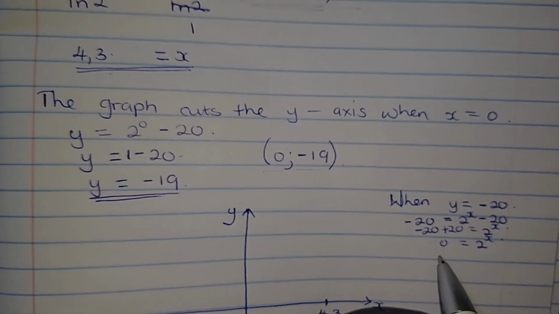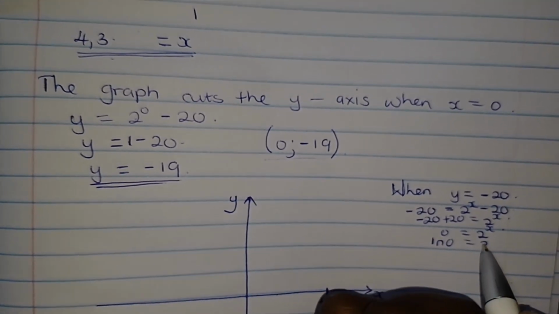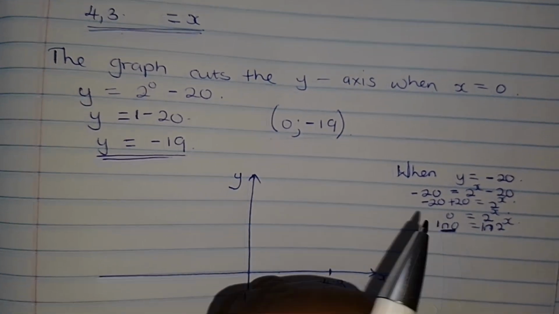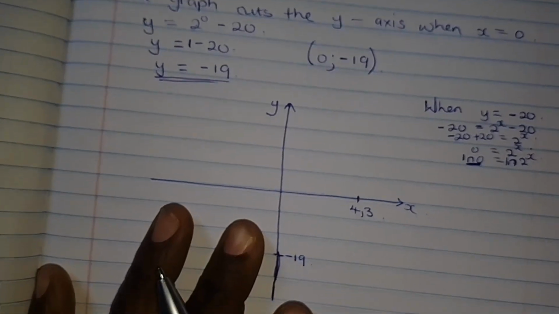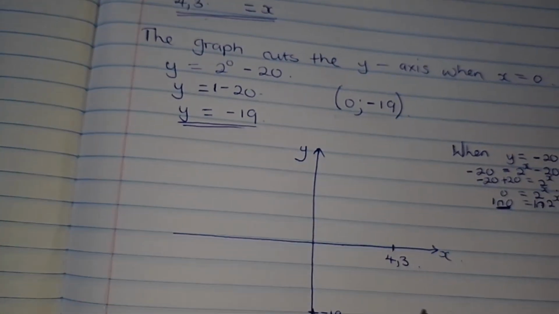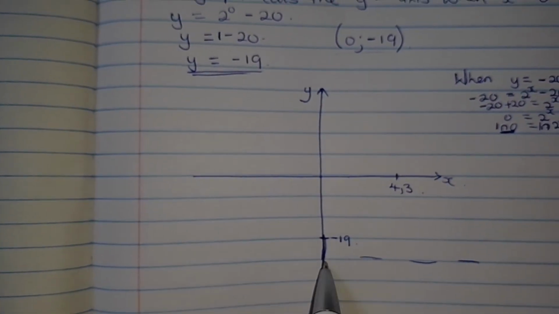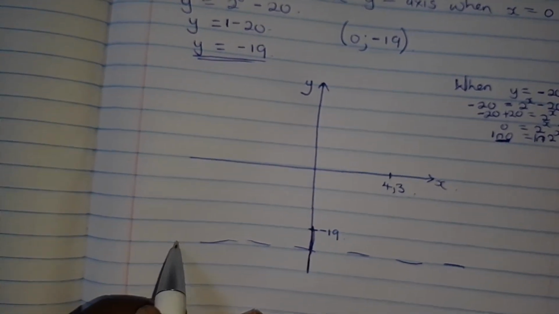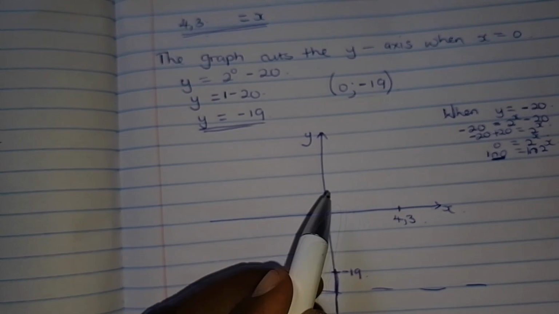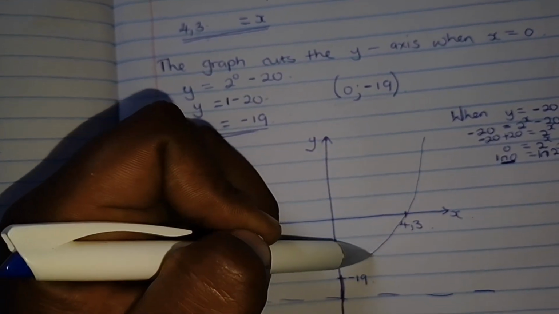If we introduce natural logarithms, we have ln 0 equals ln 2 to the power x. Ln 0 is undefined, so the graph is undefined when y is equal to negative 20. So we are going to have an asymptote there. So our graph is going to be like this.